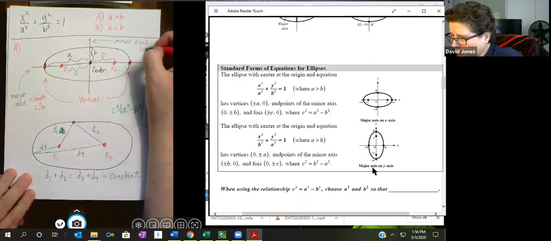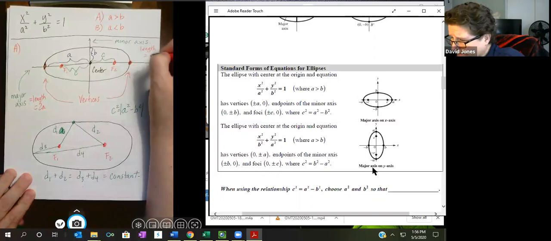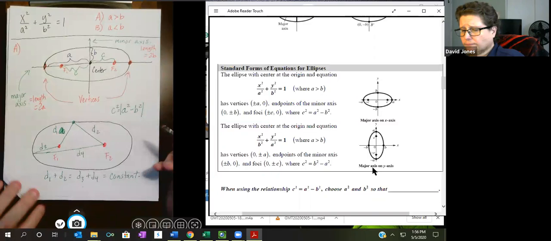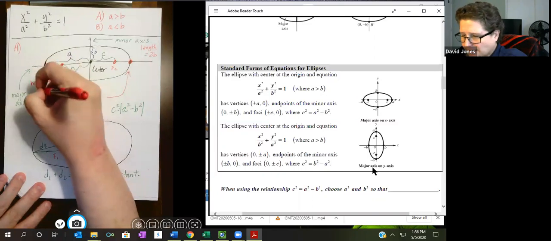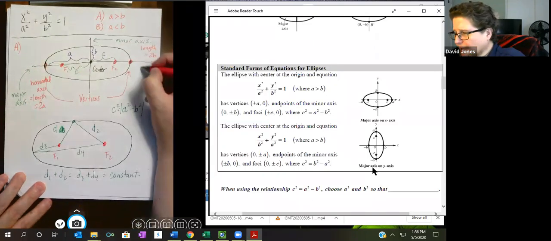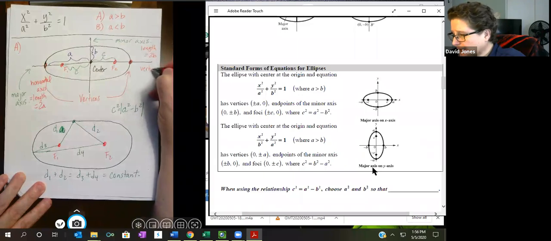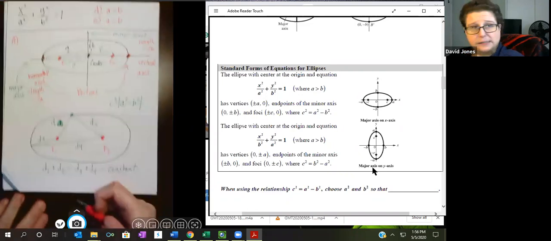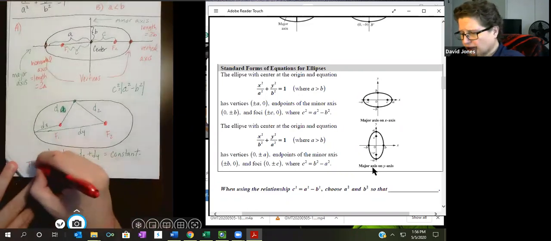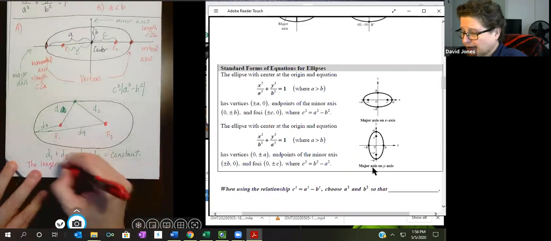And here, length equals 2b. The horizontal axis will always be this, the way we keep it. And the vertical axis will always have a length 2b. Whether we call it major or not just depends on whichever's longer. The longer axis is the major axis.